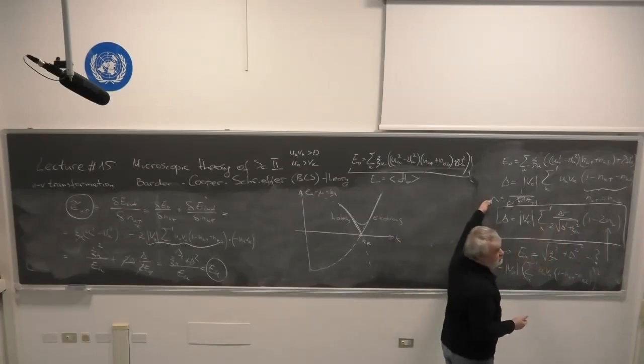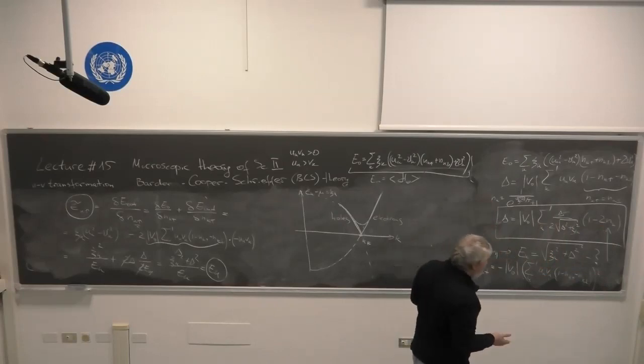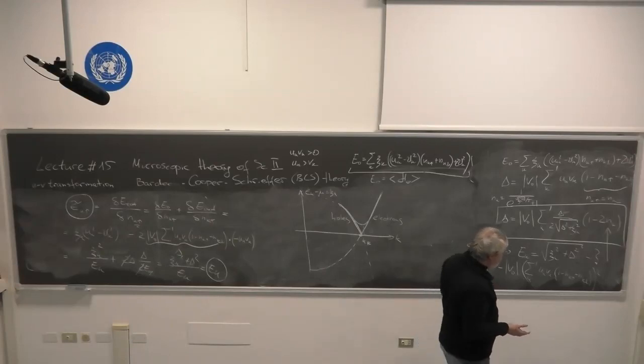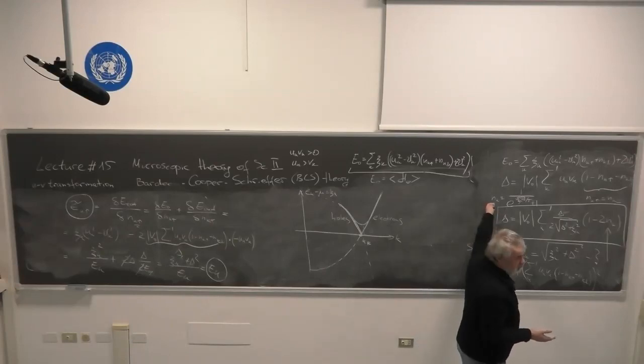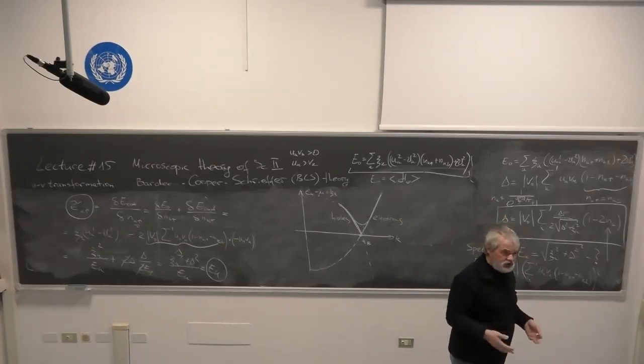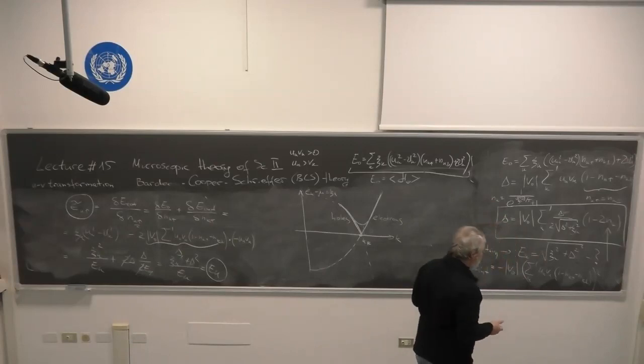The Fermi distribution function at the ground state is equal to 0. However, at finite temperatures you plug in the Fermi distribution function, and as a result this equation defines the function delta as a function of temperature. Let's now analyze this behavior qualitatively. Okay?